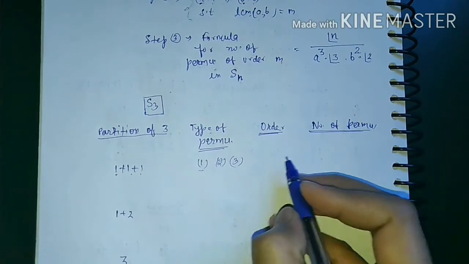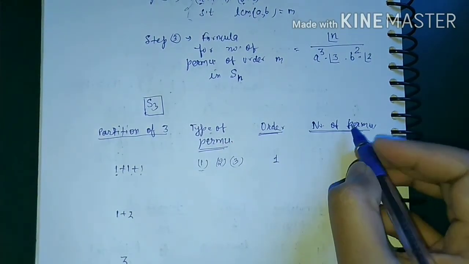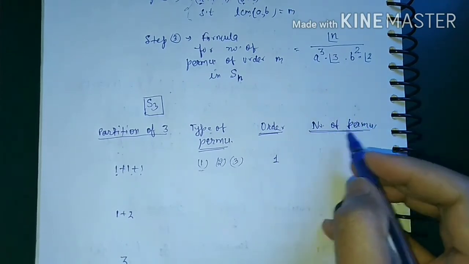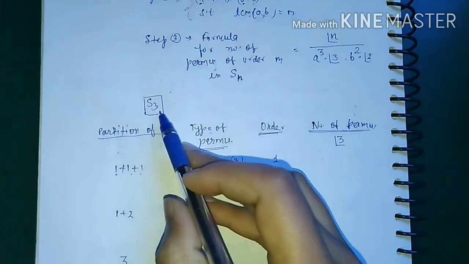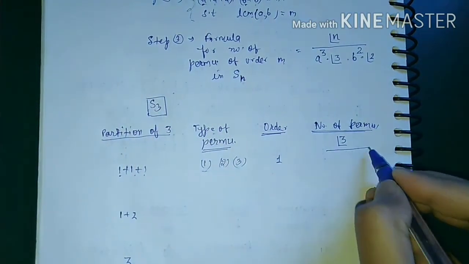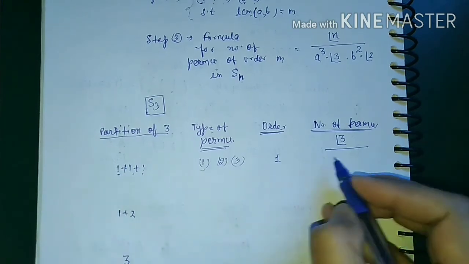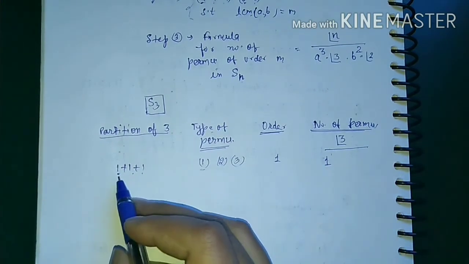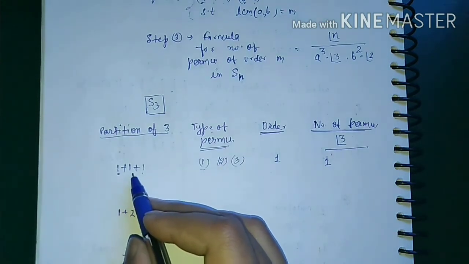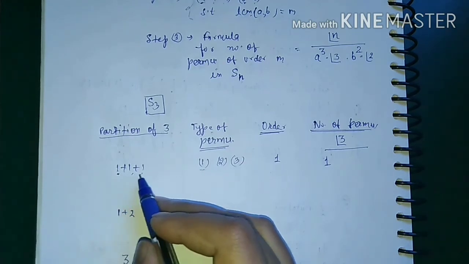Now the order is 1 because it is an identity element, and from this formula the number of permutations is 3 factorial, that is n is equal to 3 here, upon, first we have to write the element from the partition which is 1, and in the power of 1 we have to write how many times 1 repeats itself, 1 2 3, that is 3 times 1 comes.